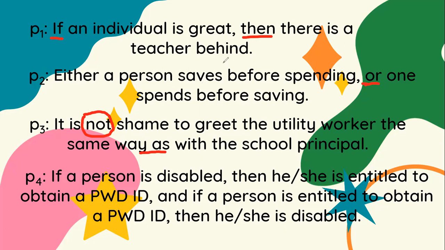If then, at, and po. And then ito na ulit, may if then na ulit tayo dito. If then and and. So dalawang beses ginamit yung if then and then yung and natin. Okay po? So those are some of the logical connectors that you will encounter with the discussion of simple and compound propositions.